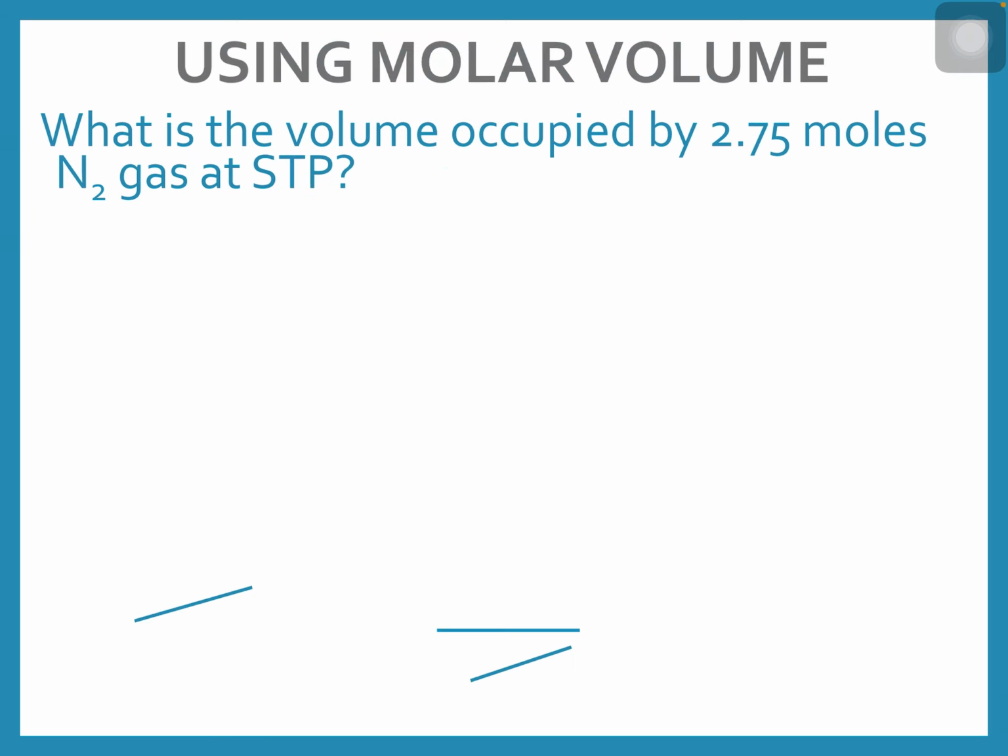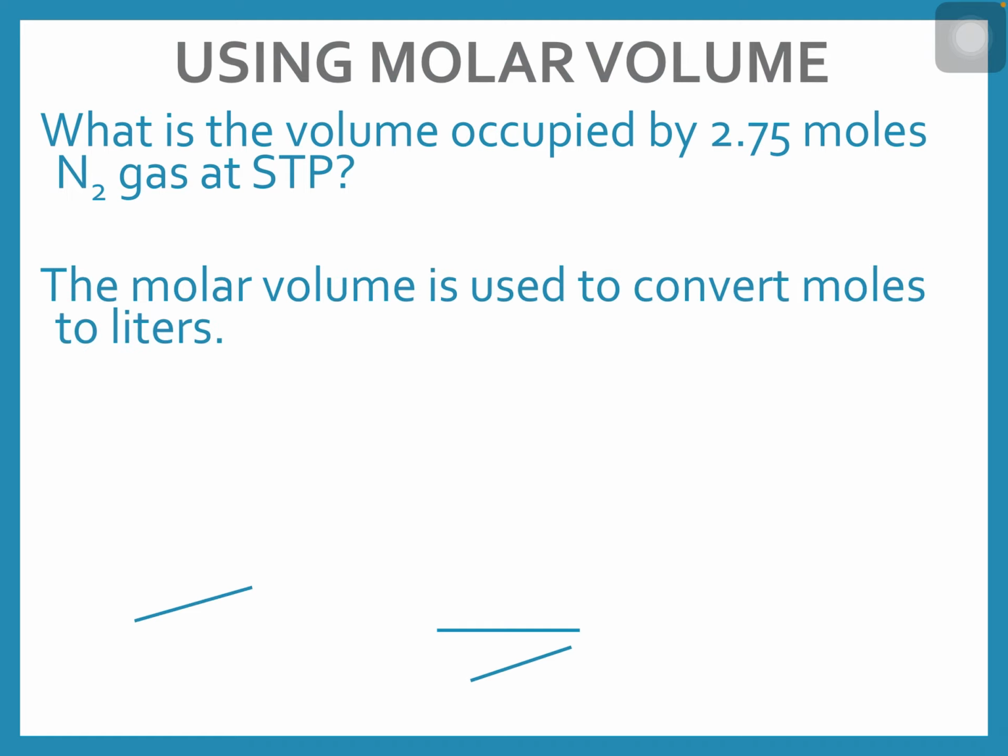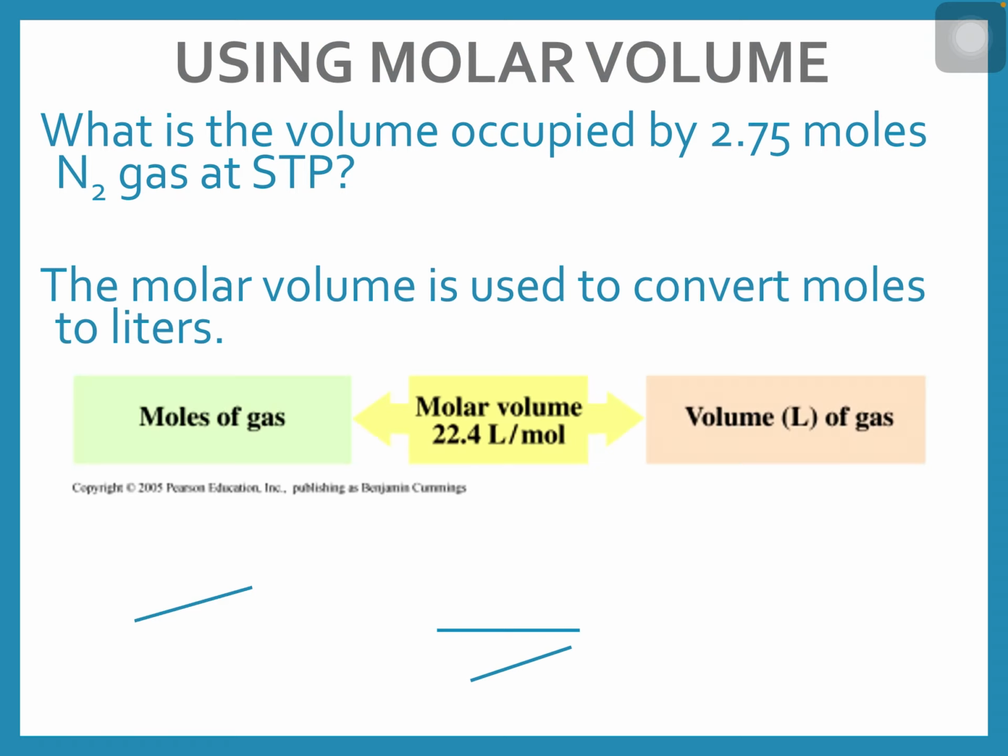Okay, so we're going to take a look at how to use molar volume. So I can go in between a number of moles and a volume of a gas using its molar volume. So here, if I have 2.75 moles of nitrogen gas at STP, then I can use that molar volume to convert from moles to liters.